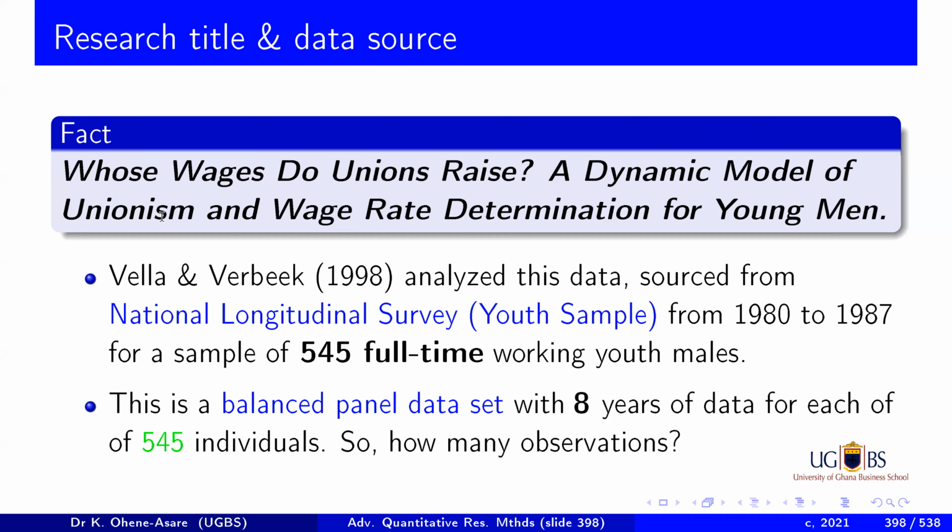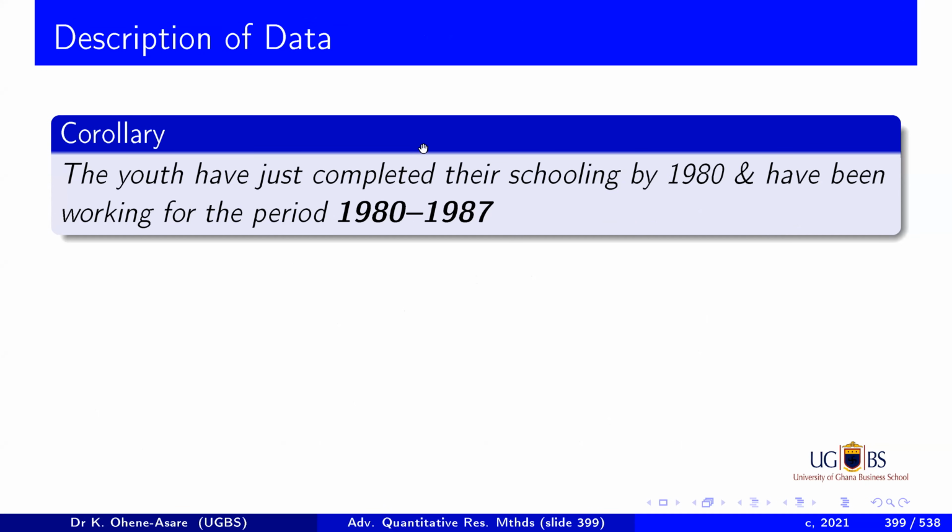So you have an 8-year panel data by how many observations? Who can guess? Who can tell us? You just multiply 554 by 8, and that will give you that.